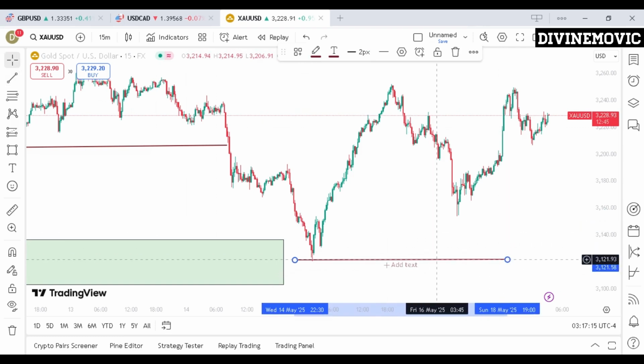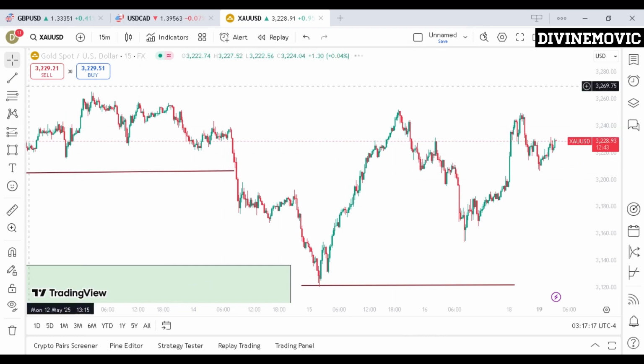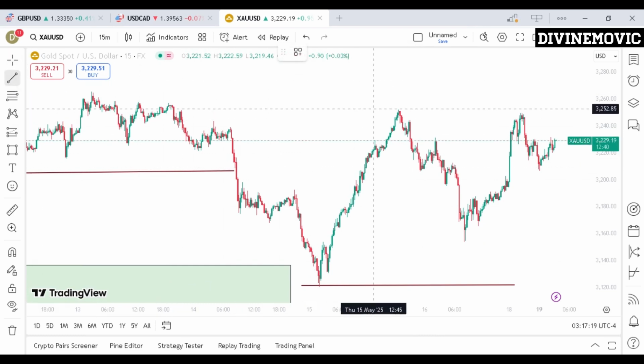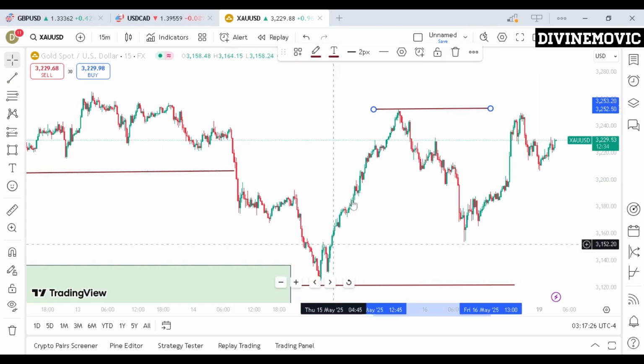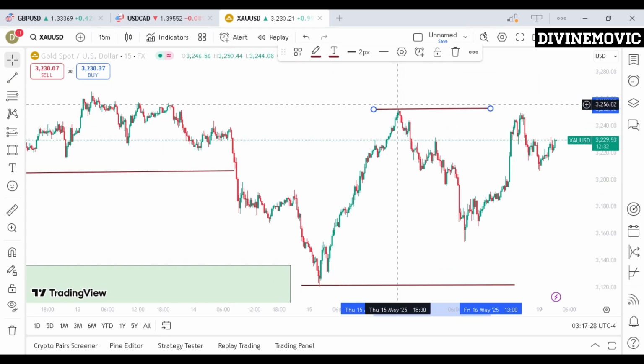This is the structure. And this high that was created at this point here. So this is the swing low and this is the swing high.